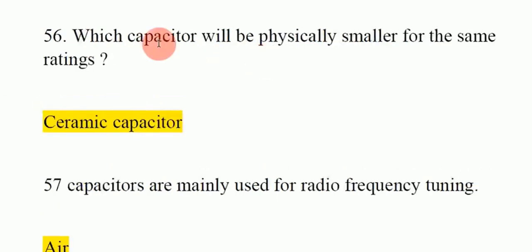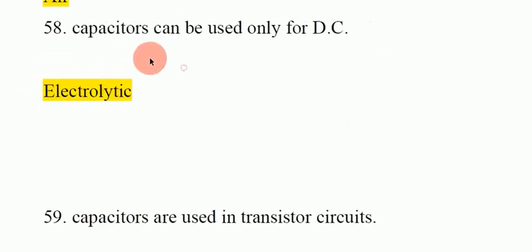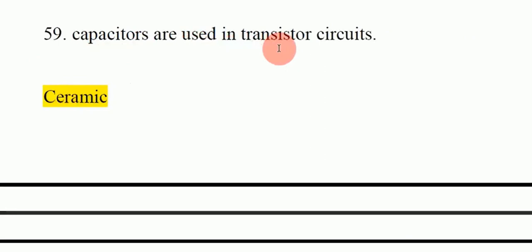Which capacitor will be physically smaller for the same rating? That is the ceramic capacitor. We have to remember ceramic capacitor. The capacitor mainly used for radio frequency tuning is the air capacitor. A capacitor that can be used only for DC is the electrolytic. The capacitor used in transistor circuits is ceramic because of its physically small size.